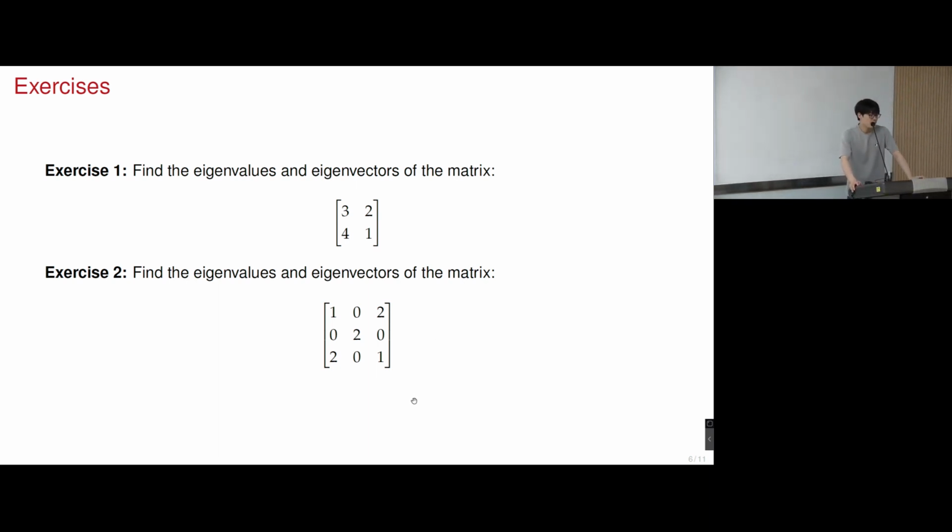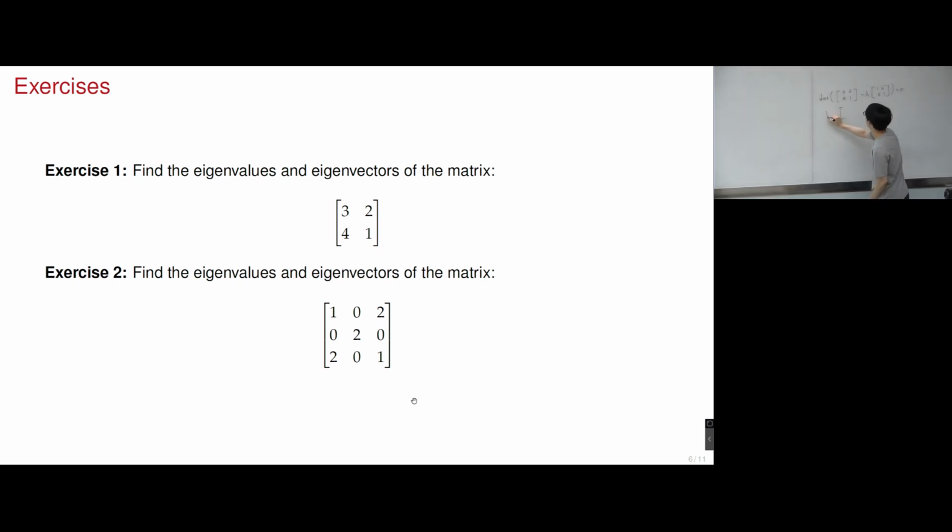Okay, so we'll solve exercise 1. We need to find the eigenvalues and eigenvectors of a matrix. How we solve this is simple. We do the same thing over and over again. So we have to find the determinant of A minus lambda I. Do this again, it's just doing things over and over again.